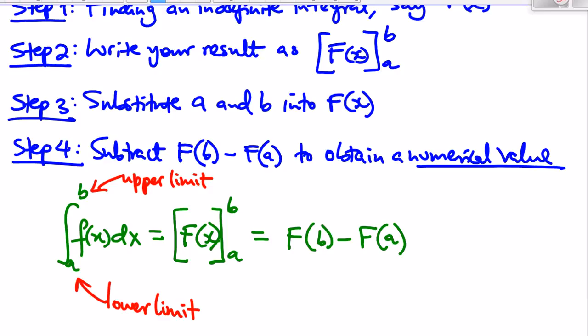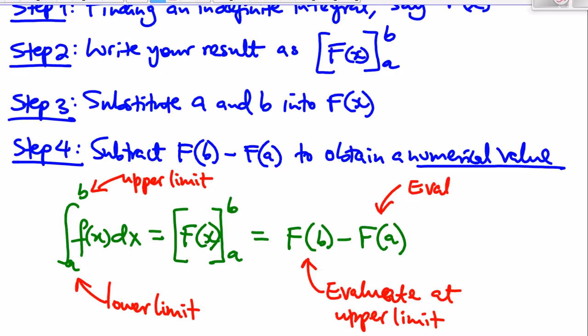Here what you're doing is you evaluate at the upper limit, and here you're evaluating at the lower limit. So the difference between those will be a numerical value, and that's what you're looking for. That will be the value of a definite integral.